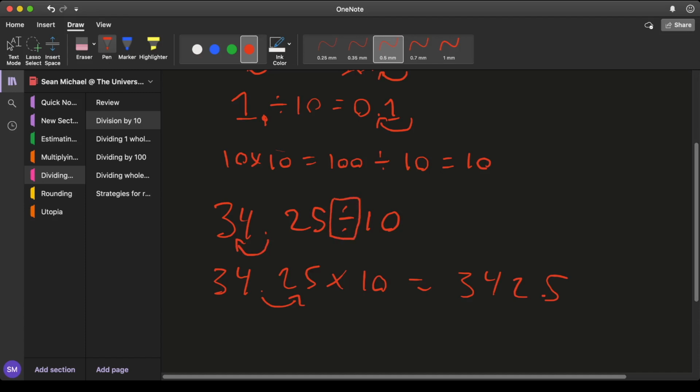And you can remember this by the fact that you're going to be making the number smaller when you're dividing. So if this is your number that you're going to be dividing, you're going to be making it smaller. So 34.25 divided by 10 is actually going to be 3.425.